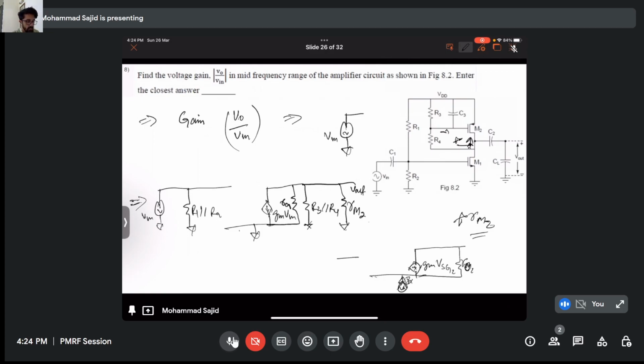You just use this analysis, you find the value of RM2, and then it is a simple formula. Then the gain is GM1 times R01 parallel to R3 parallel R4 parallel RM2. This is how you will get your gain.